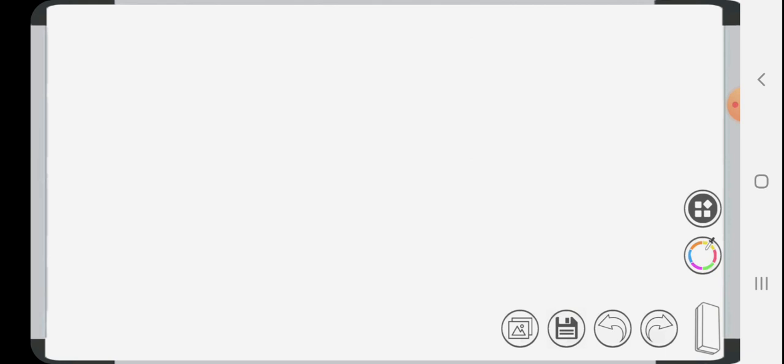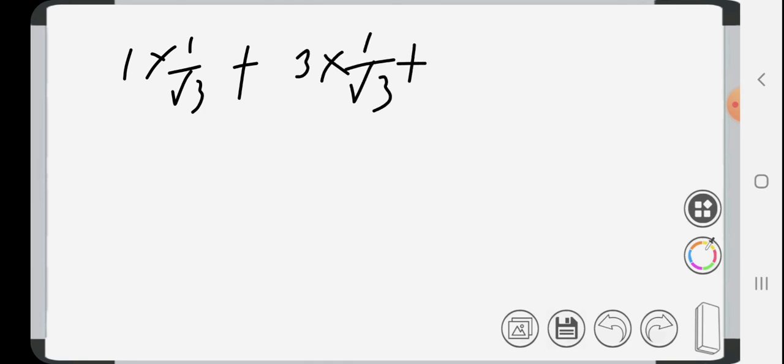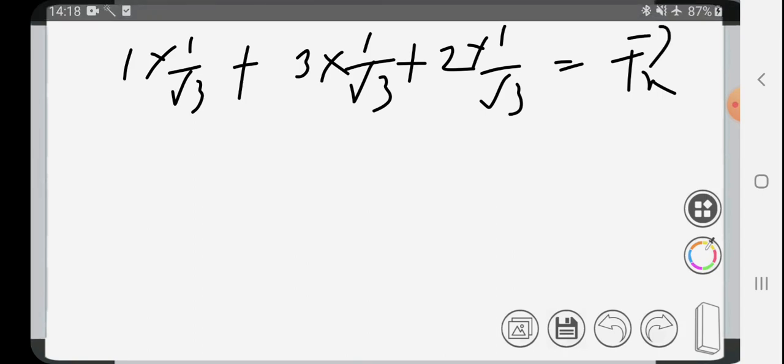So what was the value? 1 into 1 by root 3 plus 3 into 1 by root 3 plus 2 into 1 by root 3 equal to the tx component.